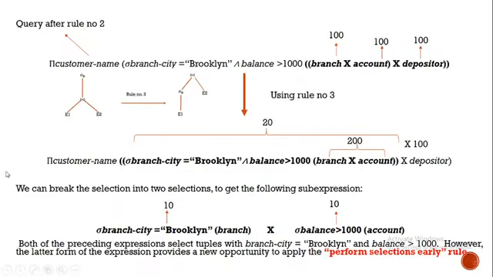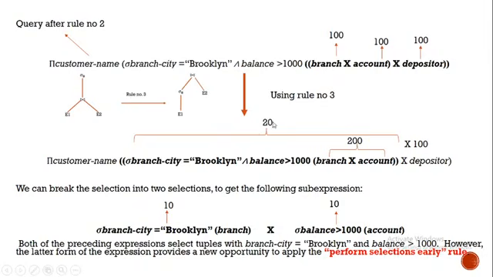So let's suppose there are 10 rows where branch city is equal to Brooklyn and 10 rows where balance is greater than 1000. So in total we get 20 rows because this is the and condition. Let's suppose that the result has 20 rows.